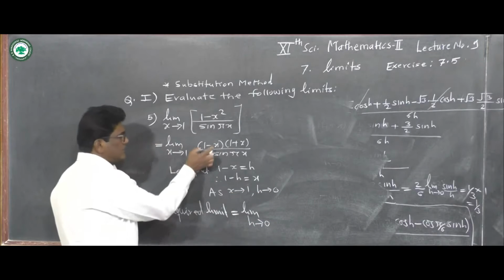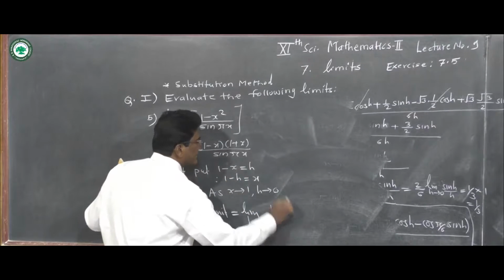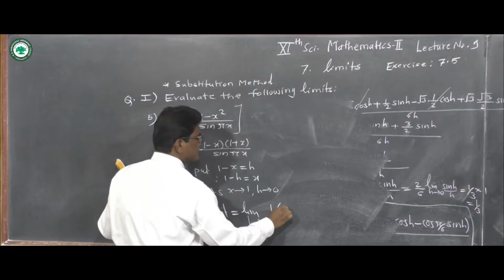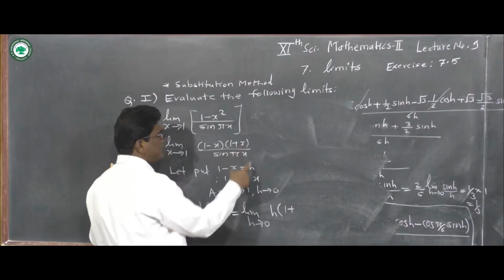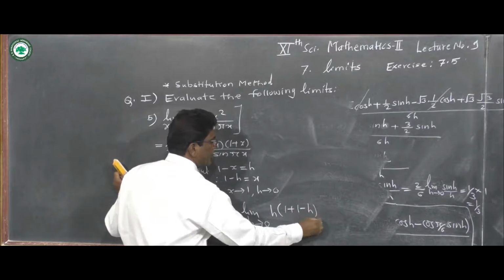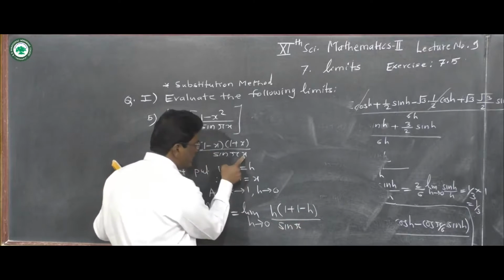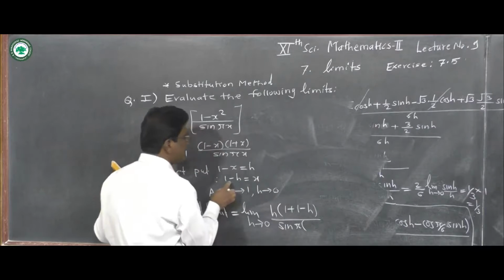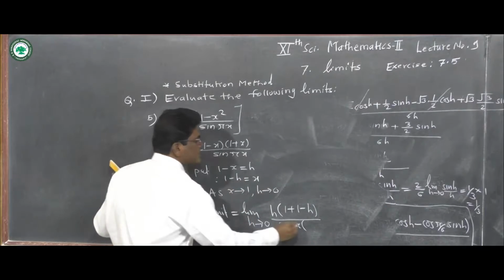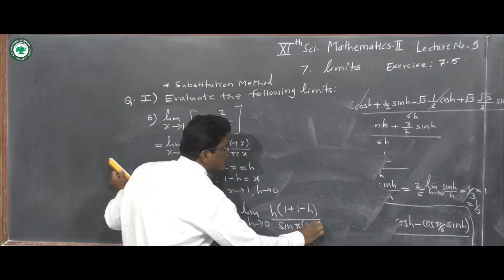Here 1 minus x is h, and in the bracket 1 plus x is 1 plus (1 minus h), divided by sine of pi into x. So x is here (1 minus h), and we take it in a round bracket.